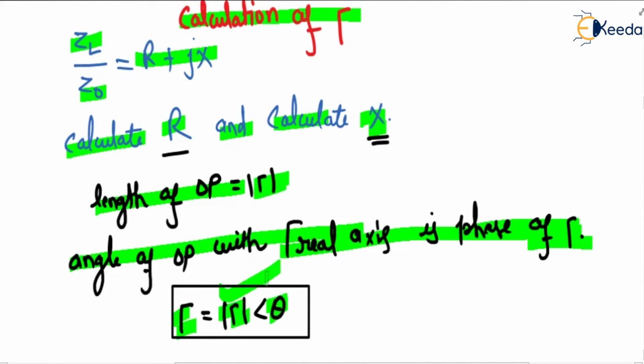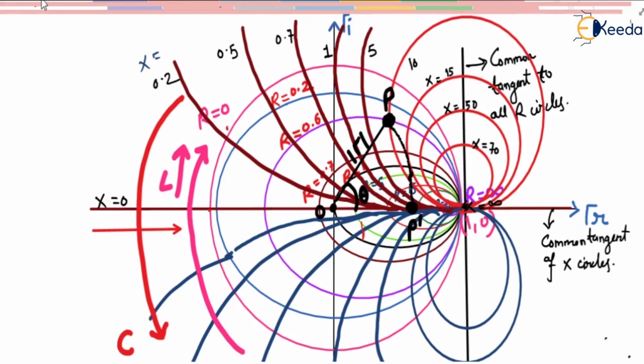Gamma is mod gamma at an angle theta, so we get mod gamma and the angle theta, which is shown in the figure here. This is the point P. This length OP is the mod gamma, and the inclination of OP with the real axis is the angle, or phase, of gamma.